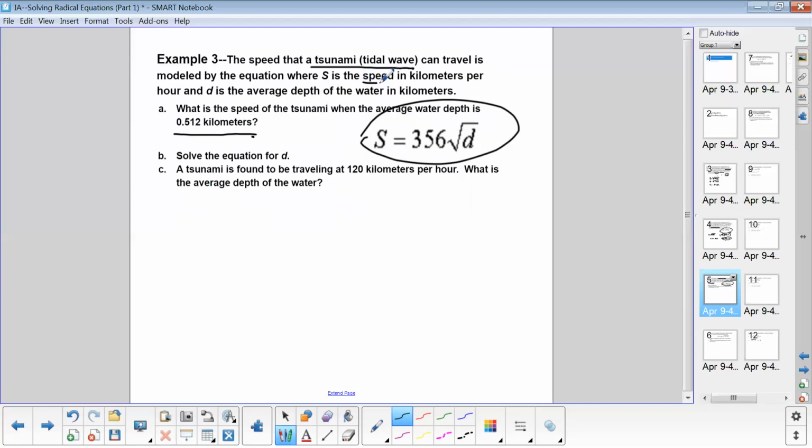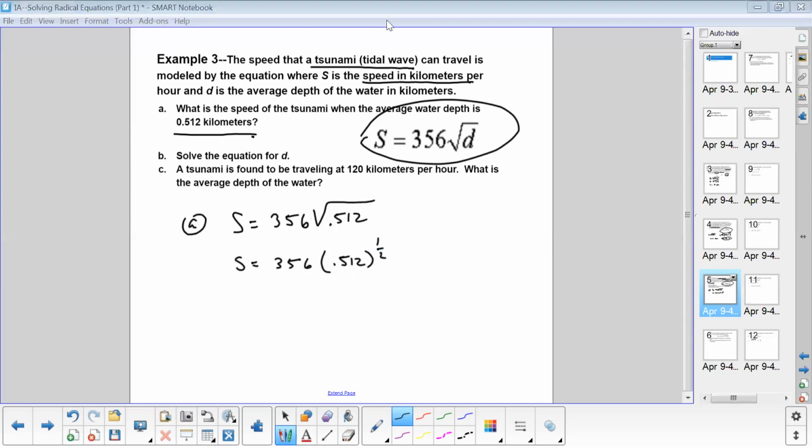So we're looking for speed in kilometers per hour. So for part A, speed would be 356 times the square root of 512 thousandths. And that would be the same as 356 times 512 thousandths to the 1/2 power.